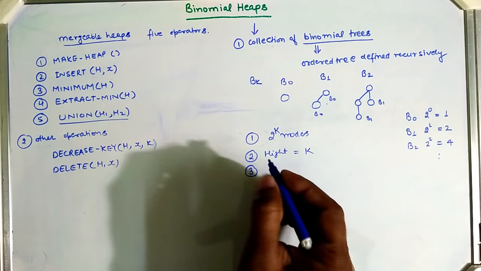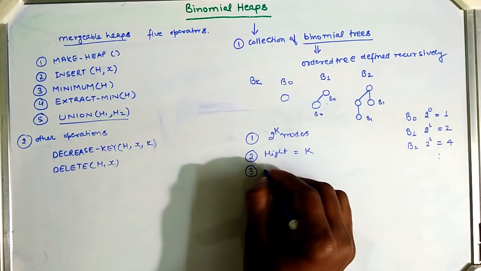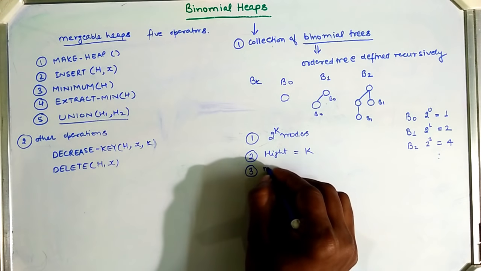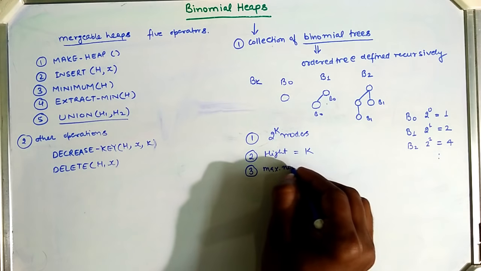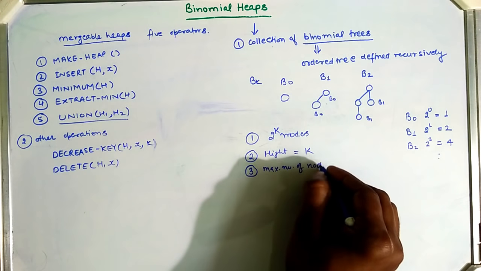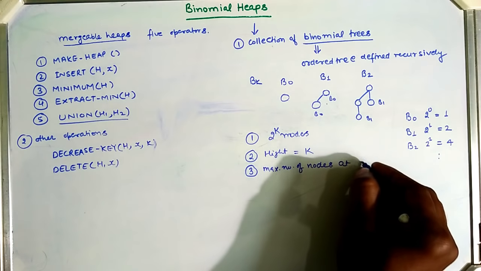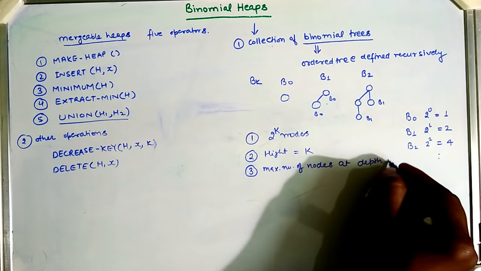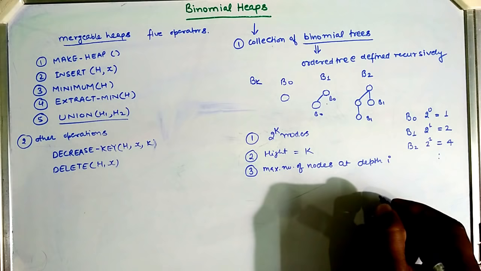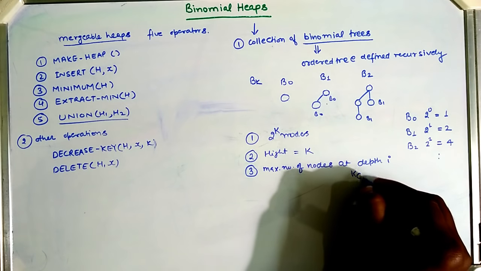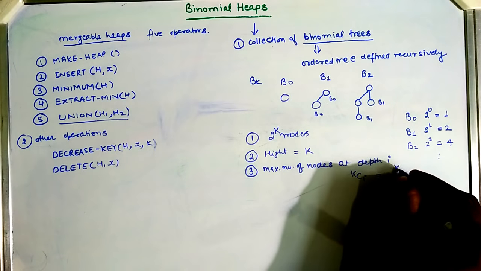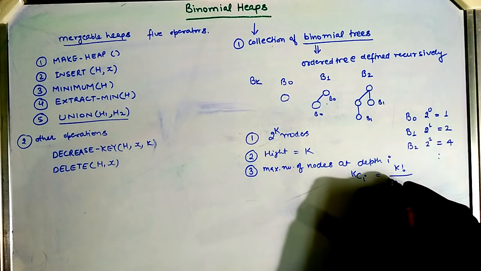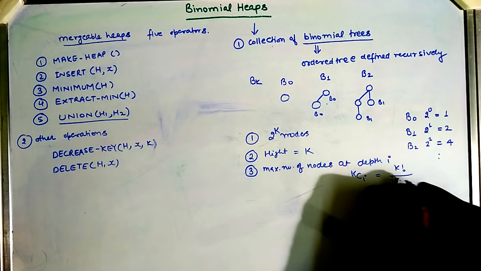The third property is, the maximum number of nodes at depth i is given by kCi, which is equal to factorial k upon factorial i into factorial k minus i.